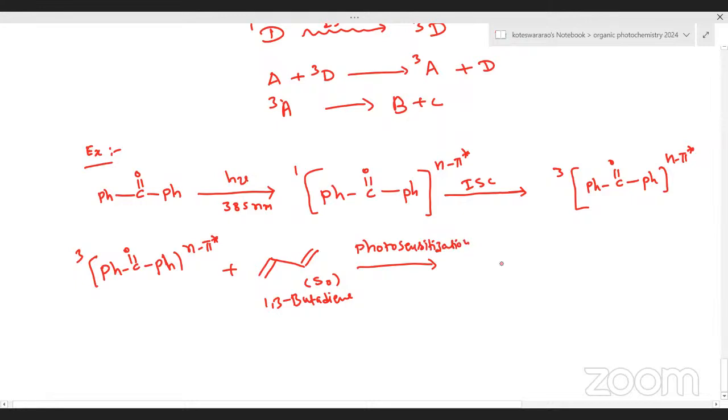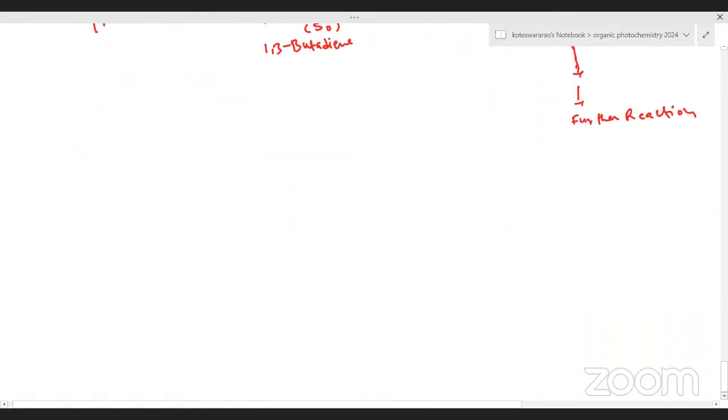Then it leads to formation of a triplet excited state of 1,3-butadiene. How it happens, I will show you. Then ground state benzophenone is generated. Later, it further undergoes the reaction or other reactions. Okay, this is the general mechanism of photosensitization with an example.